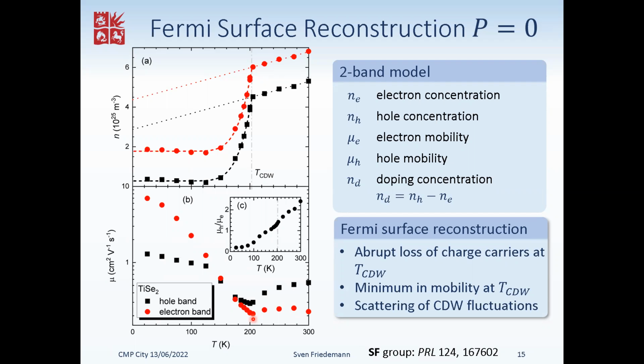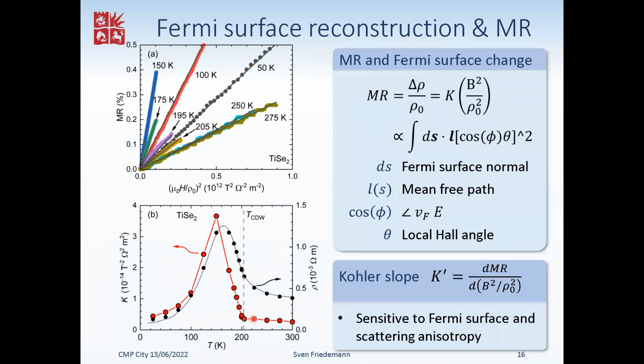We can also analyze the magnetoresistance in a little bit more detail. In particular, we can observe that the magnetoresistance plotted versus magnetic field divided by zero field resistance squared does obey Kohler scaling at high temperatures. So there are two curves here as an example for high temperature, which fall on top of each other.